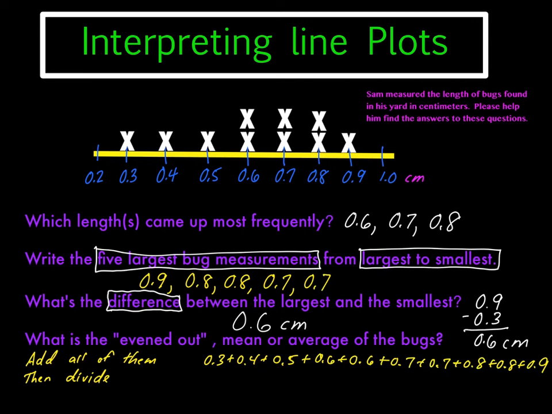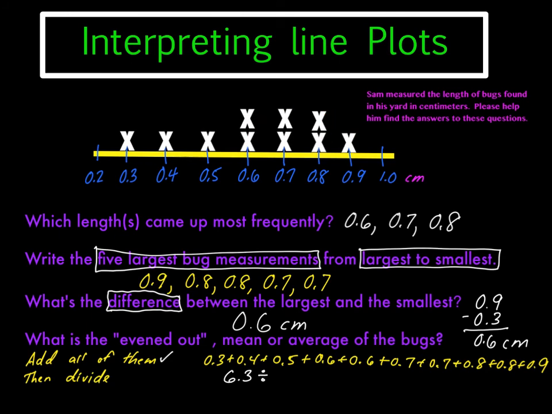Once you add all of these up, and typically I'll even allow my students to use a calculator, you get the answer of 6 3/10. But we're not done. That's just the first step here, which was add all of them. Now we need to divide by how many bugs there were. So this is where we go up to our X's and we count. And we have 1, 2, 3, 4, 5, 6, 7, 8, 9, 10.